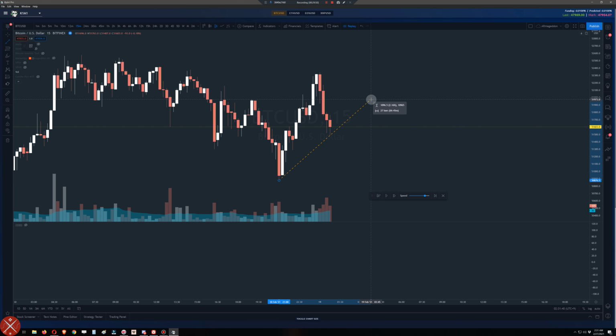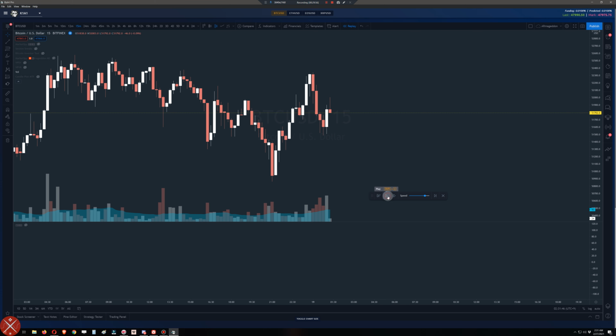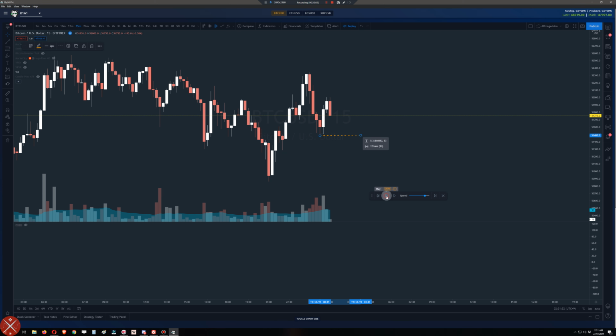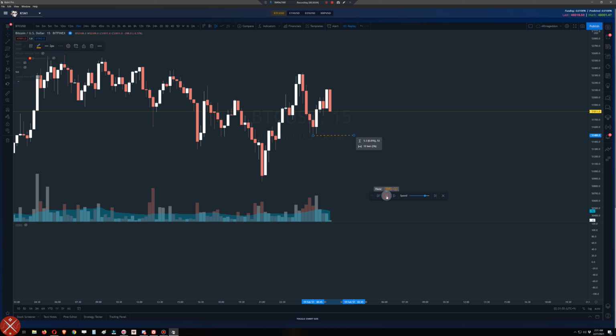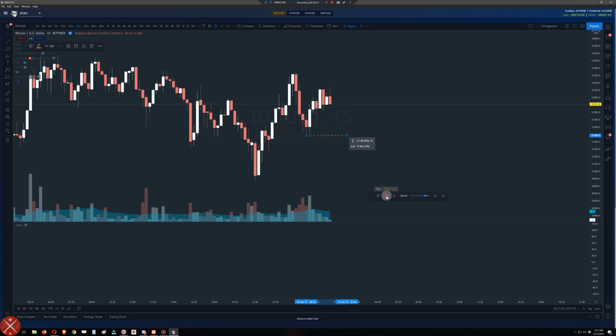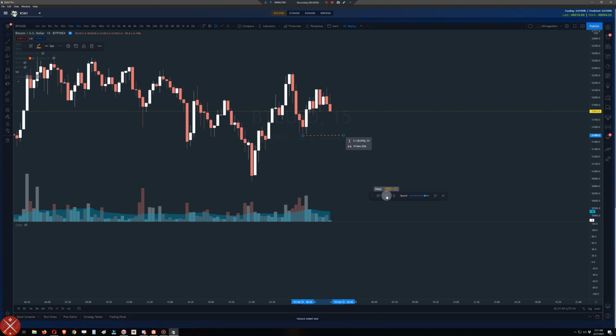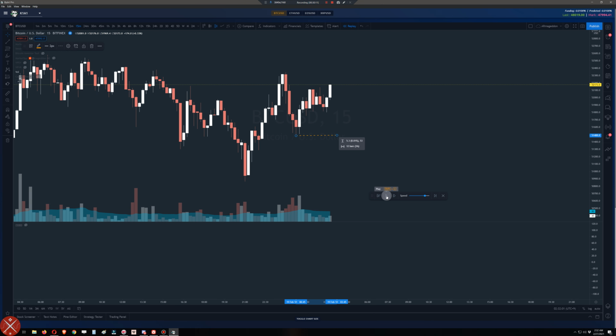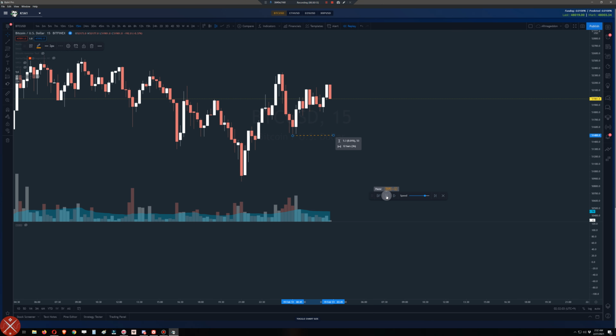So you don't draw a line like this, not yet. You need to find a higher low, and you'll need to print that higher low. So this is your first point, and then let's build it up a little bit, and this is why it's important to wait for price to build up.